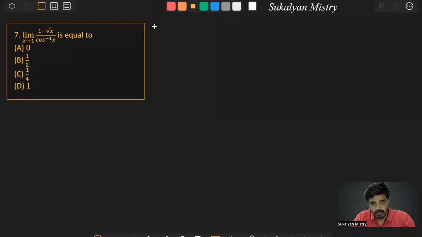So next example, we have to calculate limit x tending to 1 of (1 minus root x) divided by cos inverse x.